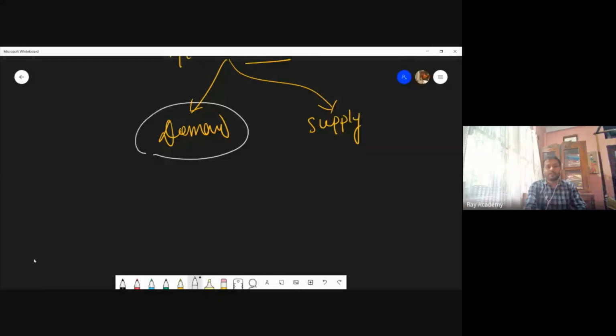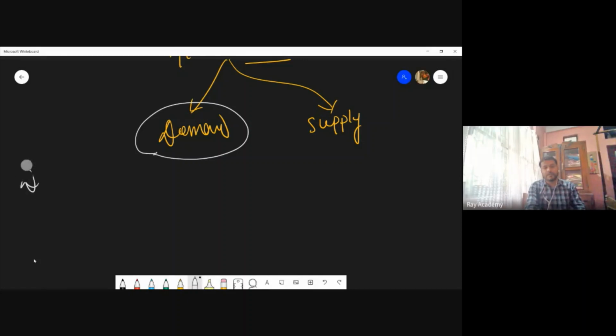Demand, more specifically, has two aspects. Okay, I'm sharing my screen. Number one aspect of demand is, let me write it down here.